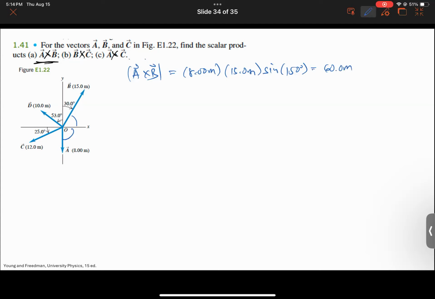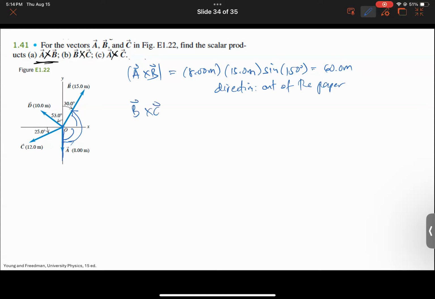What direction? If you put your fingers in this direction, palms facing that direction, and then you swing your fingers in the direction of B, you will see that your thumb points out of the paper. So the direction is out of the paper.